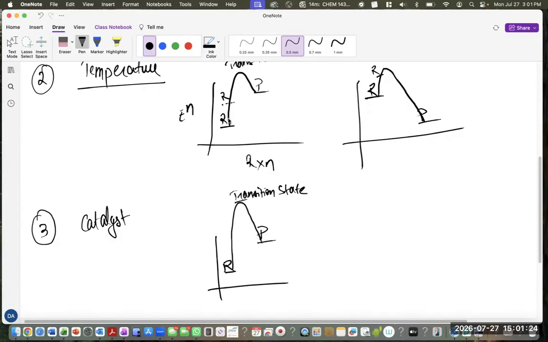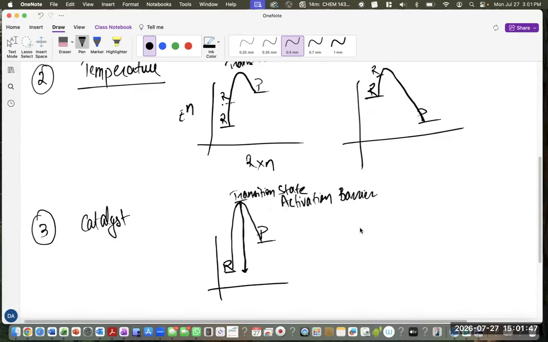Now, temperature was one that helps the reactant reach that barrier. This energy gap right here is called the activation barrier. So you need that for the reaction to even start. And this can again be in an endo or exothermic scenario.